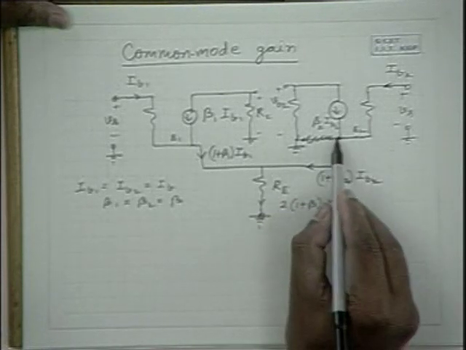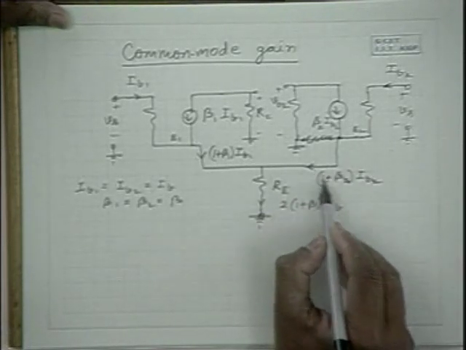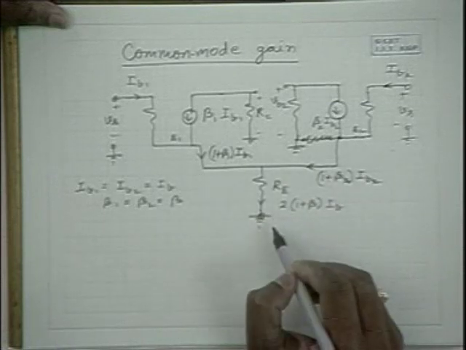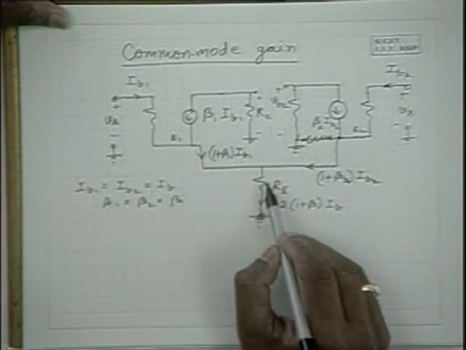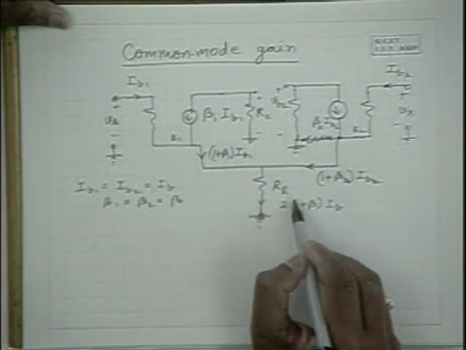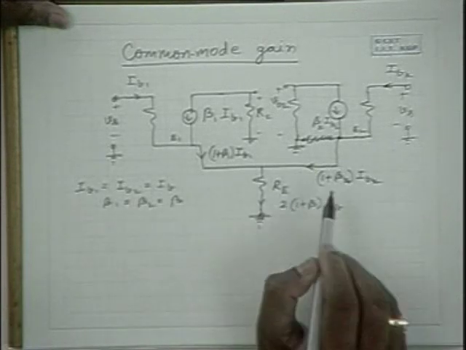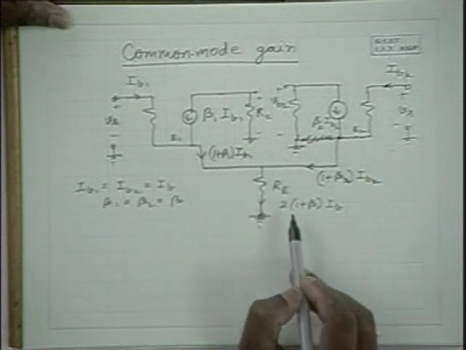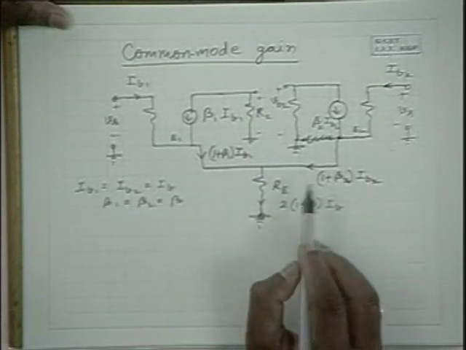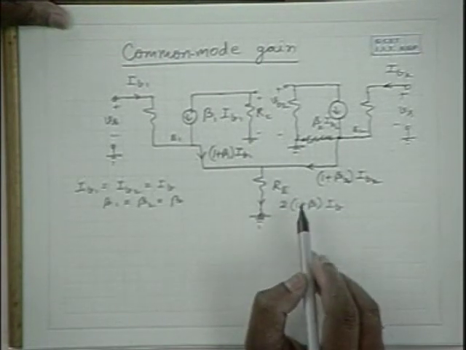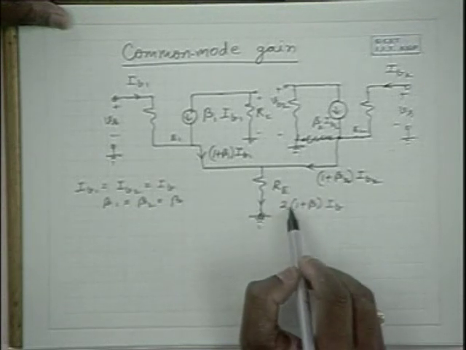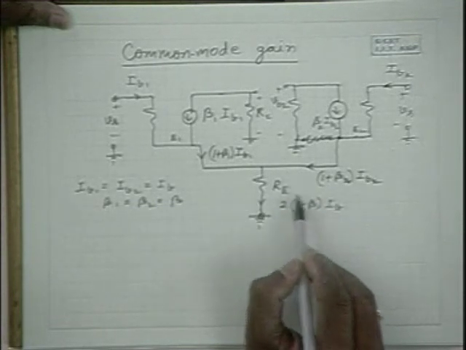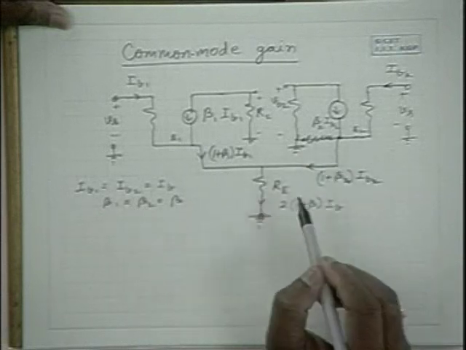I repeat, for the same current 1 plus beta IB that flows from here, having Re here is the same as not having this and only having 2 Re resistance here, because the voltage drop is equivalent to 2 into 1 plus beta into IB into Re when both are there.